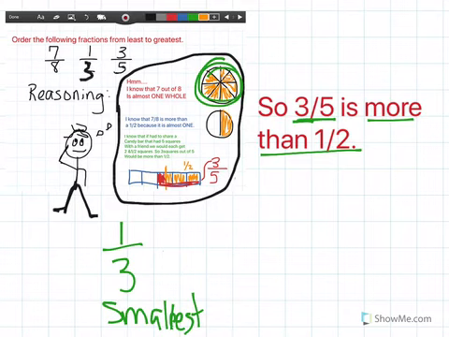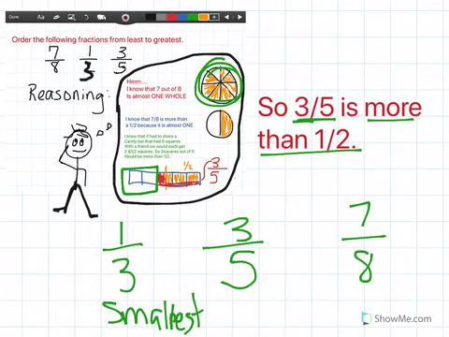And I can see that with 3 out of 5, I still have 2 pieces left. So that's less than this. So here I have 3/5 would come next. And the largest amount is 7 out of 8. So now you can see another way to think about our fractions in order to order them.